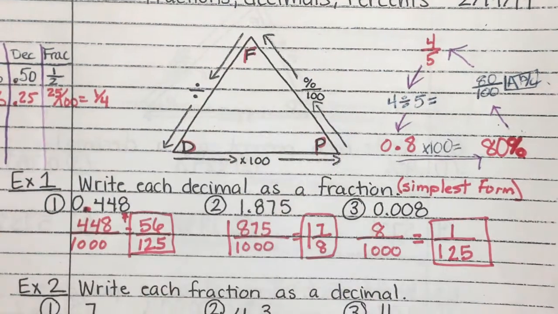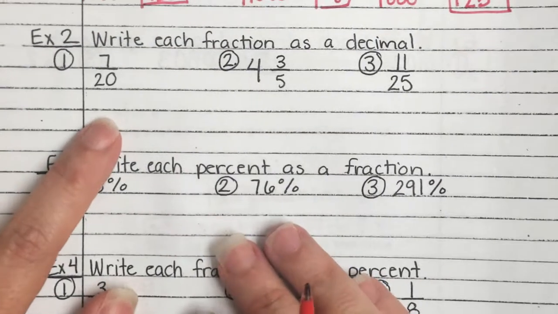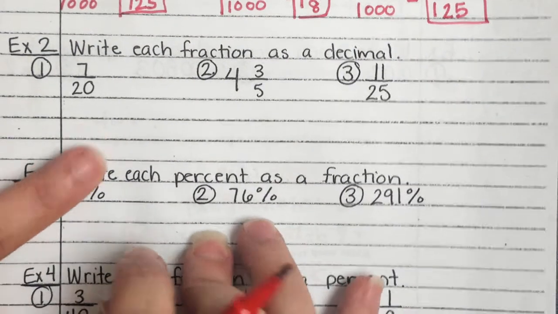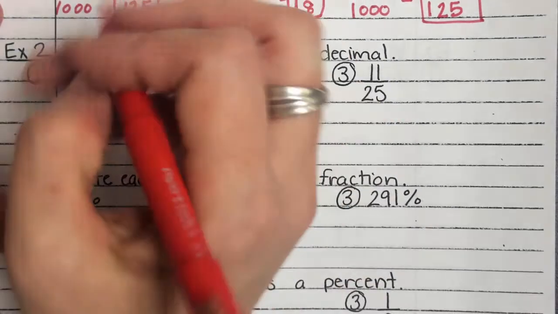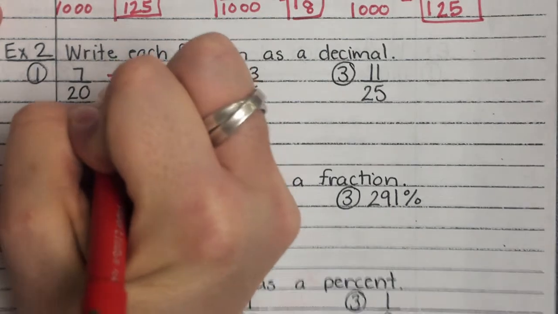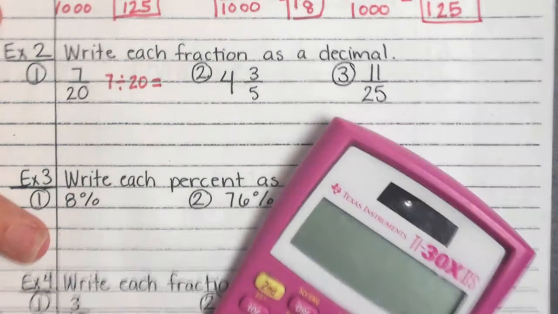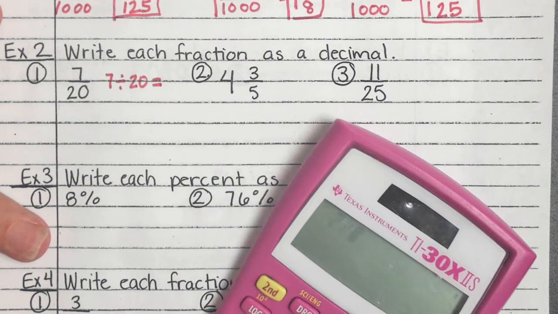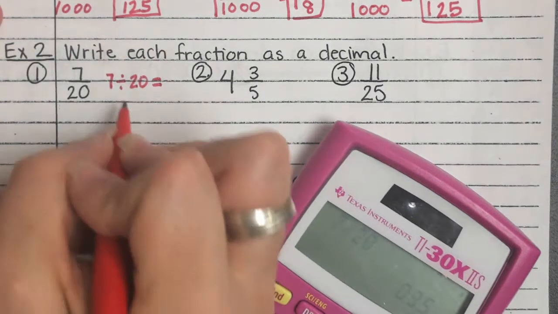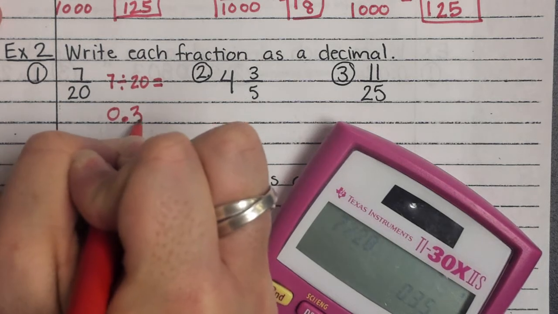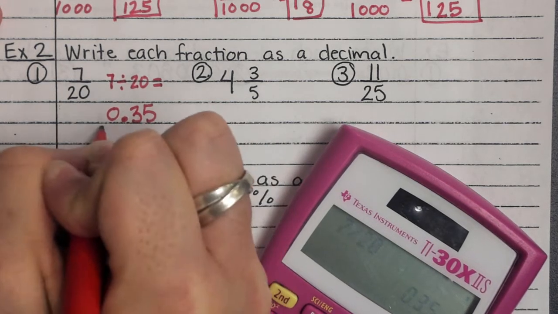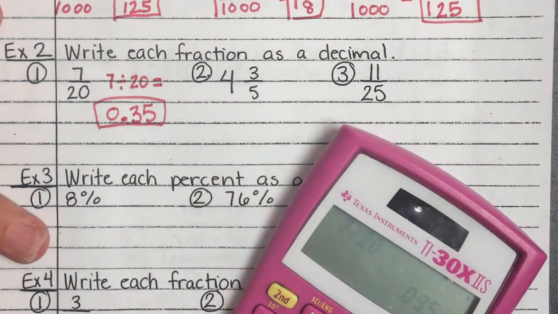One step. So what it's saying is divide. 7 divided by 20 equals 0.35. And you don't have to write that every time. I'm just trying to show you in case, because you're going to need these notes later.